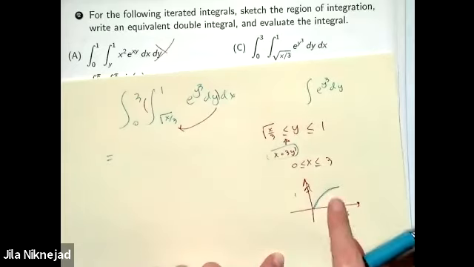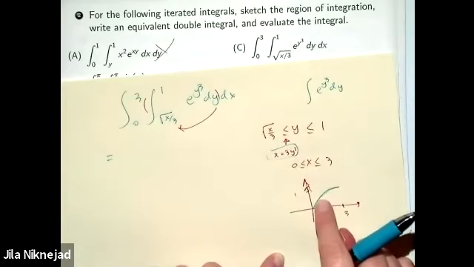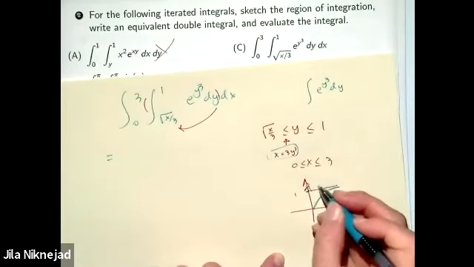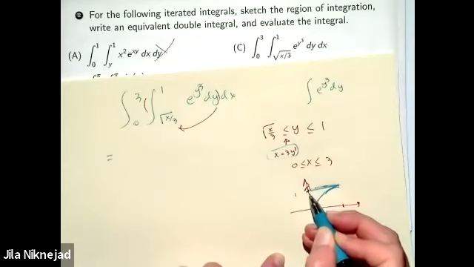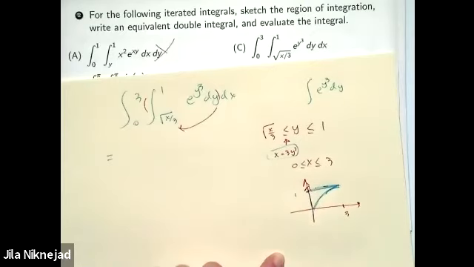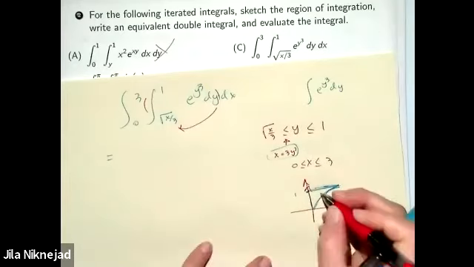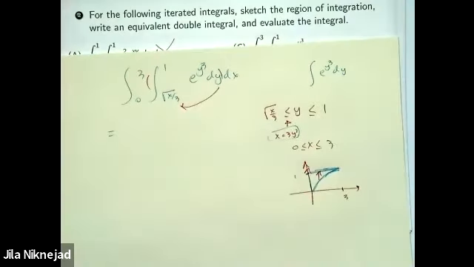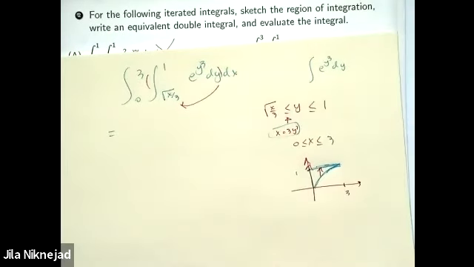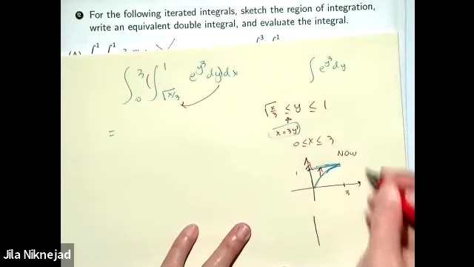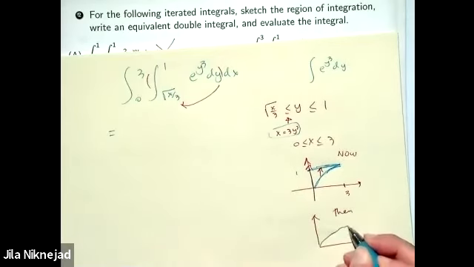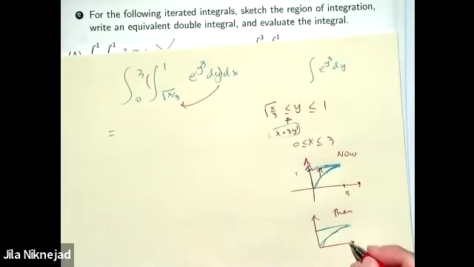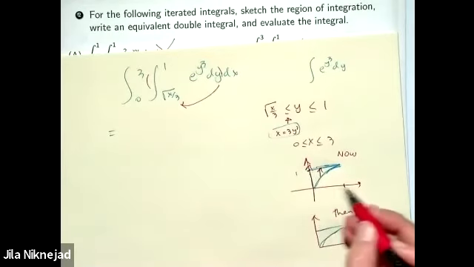This one says y is between this curve and y equal to 1. Y equal to 1 is right there. And right now, we have this order, and I want to switch it to the other way. Okay, this is better.